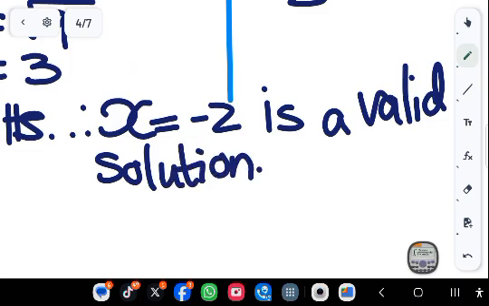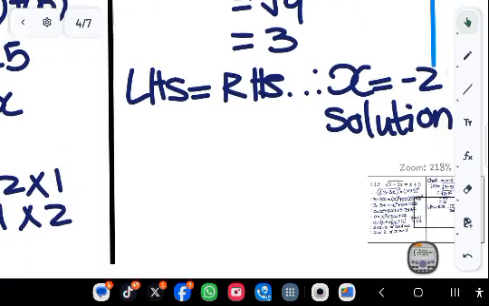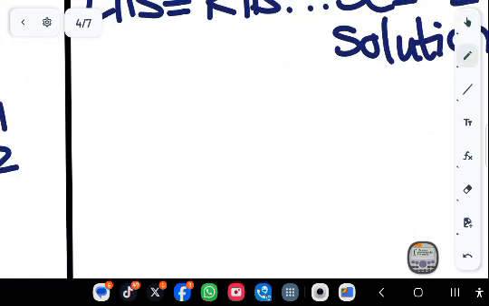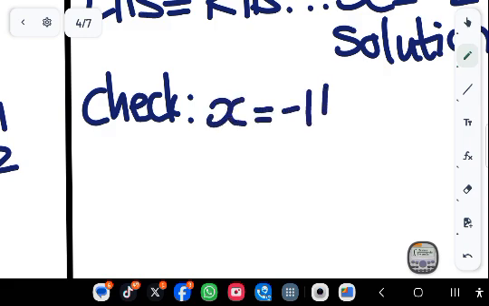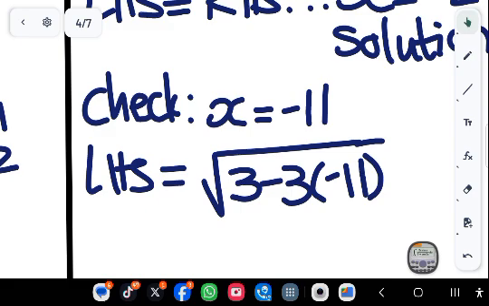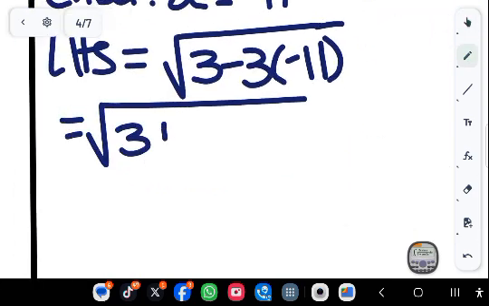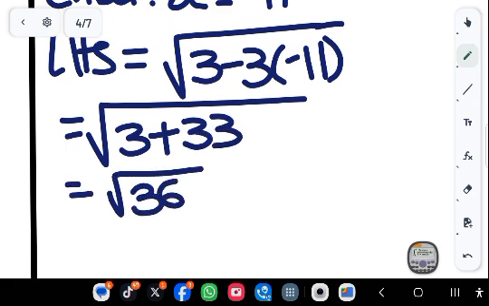Let's check the other one. Okay, we're checking x equals negative 11. The left hand side equals the square root of 3 minus 3 times negative 11, which equals the square root of 3 plus 33, which equals the square root of 36, and that gives us 6.